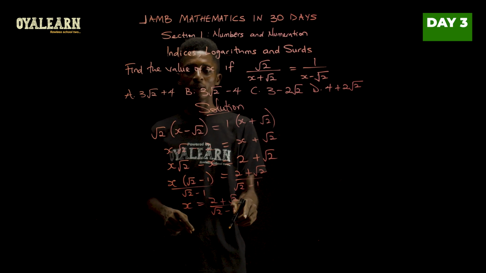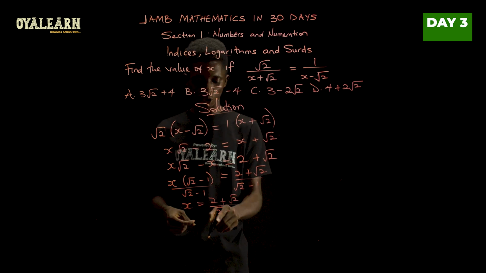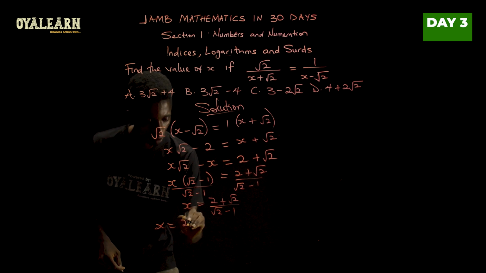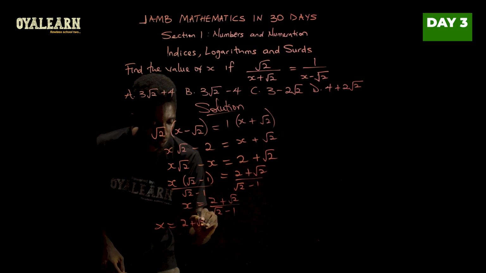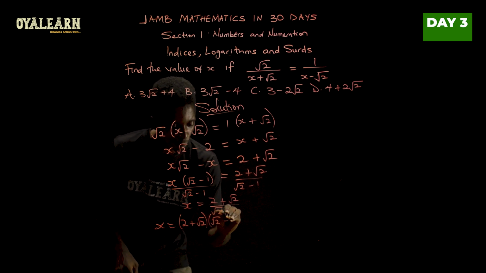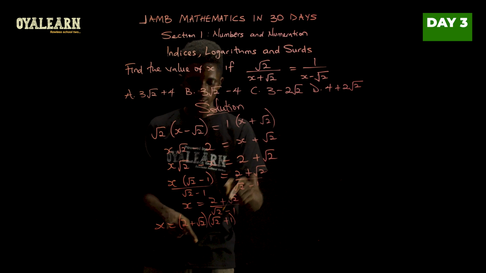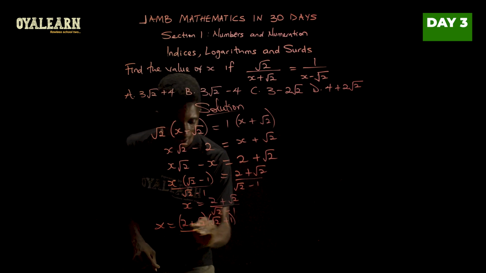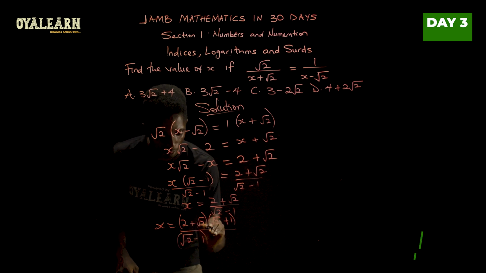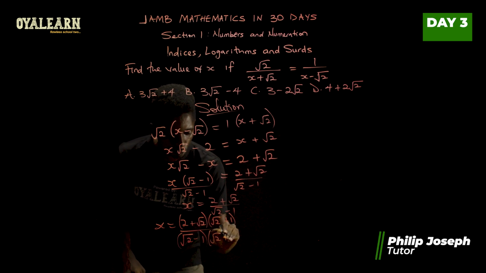So we have to multiply numerator and denominator by the conjugate surd of the denominator. So x therefore becomes 2 plus surd 2 multiplied by surd 2 plus 1, which is the conjugate of the denominator here. And we do the same thing to the denominator: surd 2 minus 1 multiplied by surd 2 plus 1.